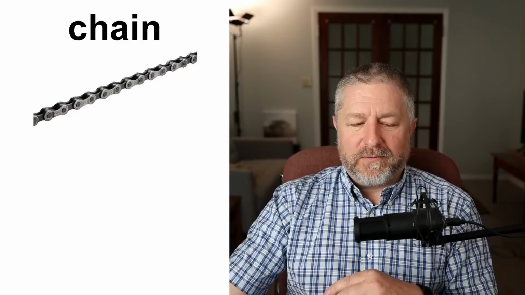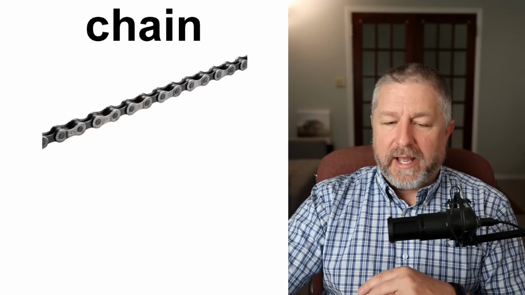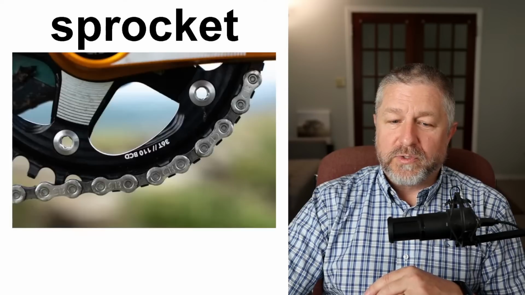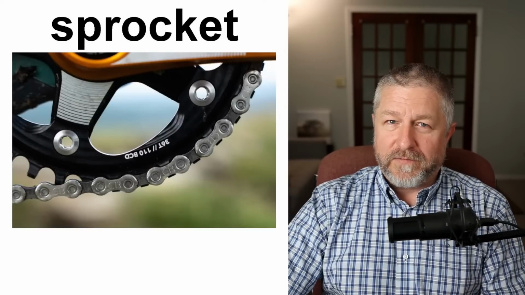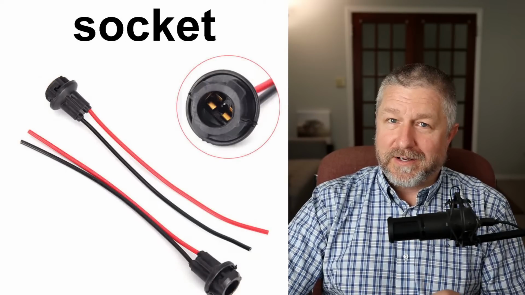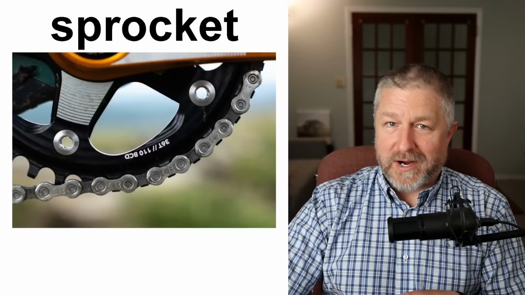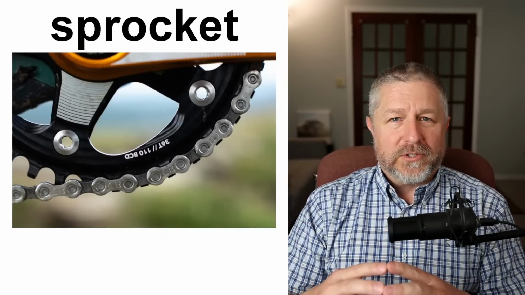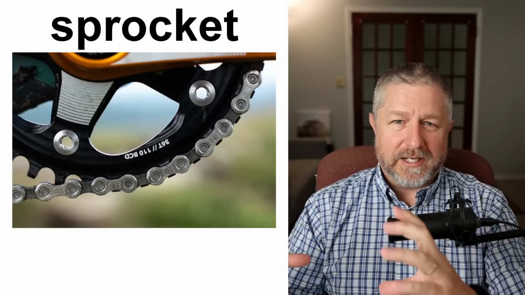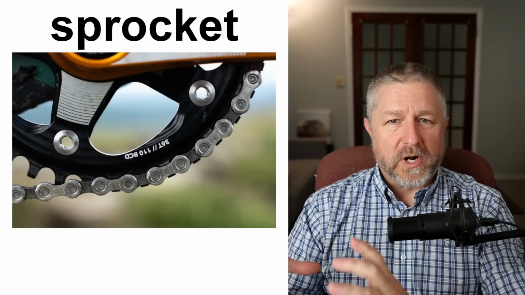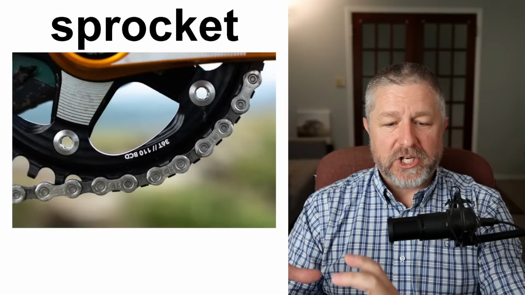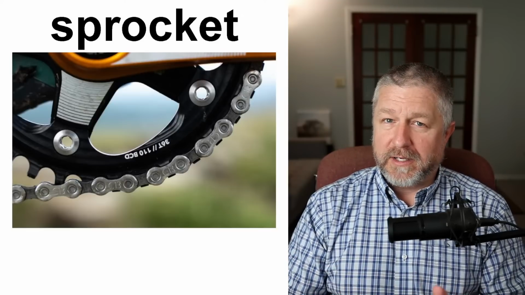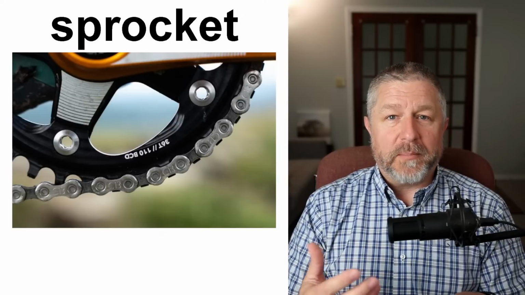And then, of course, you have what's called a chain, and chains are often connected to sprockets. Now, don't get confused. This is a socket. This is a sprocket. They sound the same, but they are very different. Similar to how two pulleys can be connected with a belt, two sprockets can be connected with a chain. The most common sprocket and chain system would be on a bicycle.